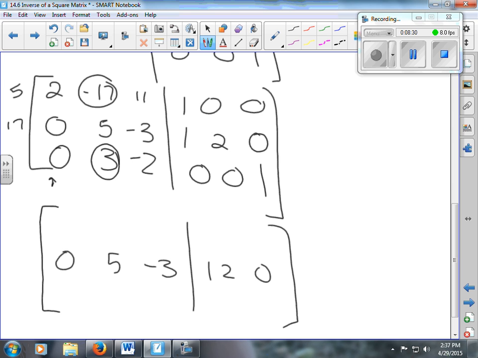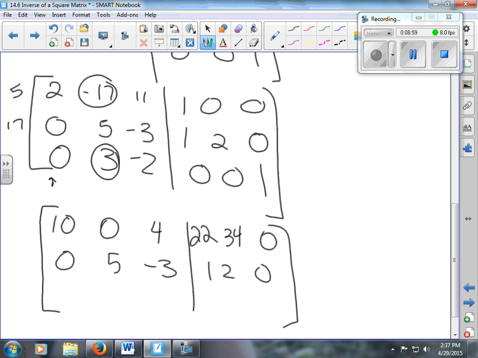In row 1, I'm going to get 5 times 2 is 10 plus 0. And then these are going to be 0. 55 minus 3 times 17. 3 times 17, that was negative 51. So that's 4. Then 5 and 17, that's 22 here. And 0 plus 34. And then 0 plus 0.